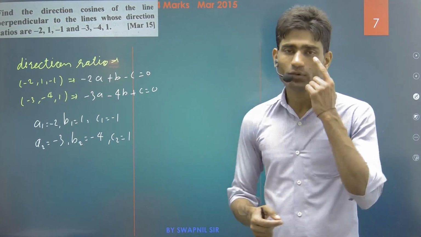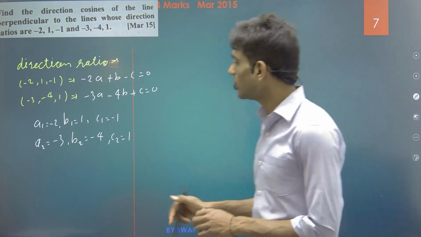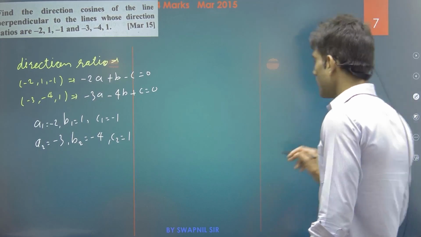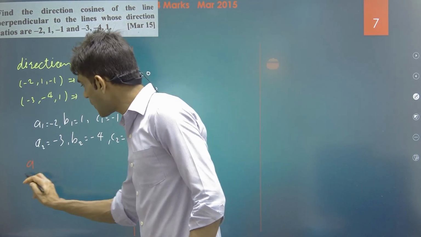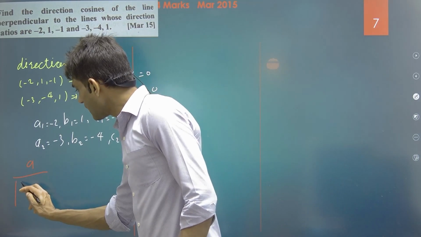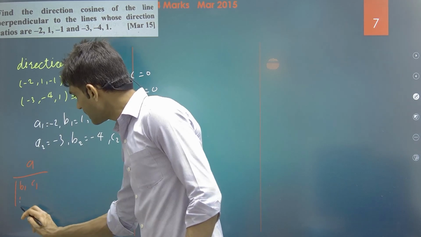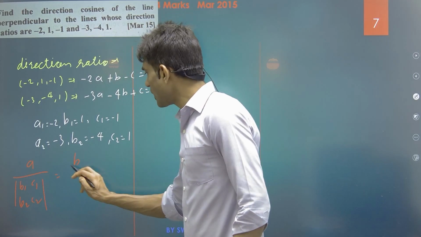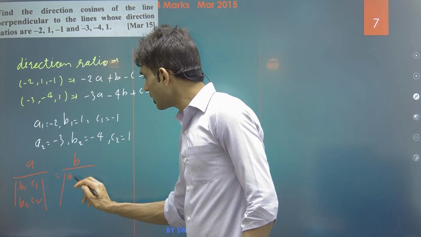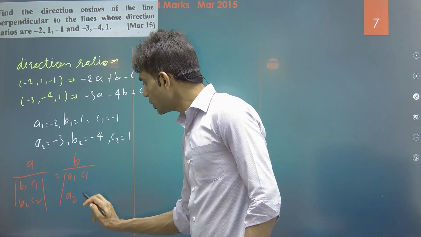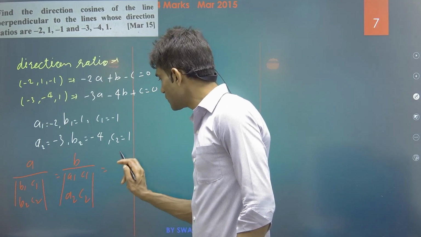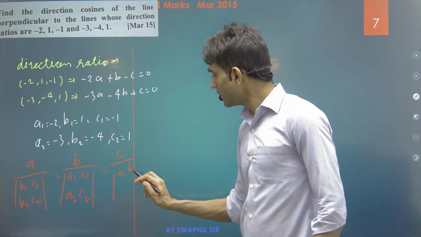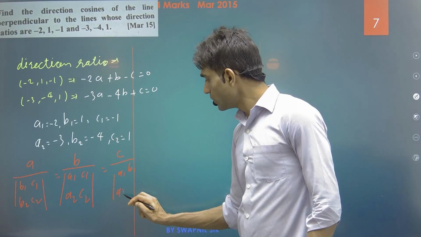We know that for finding the direction ratios of a perpendicular line, we use our standard form. We can write it as A upon the determinant of B1, C1, B2, C2, which is equal to B upon the determinant of A1, C1, A2, C2, which is equal to C upon the determinant of A1, B1, A2, B2.